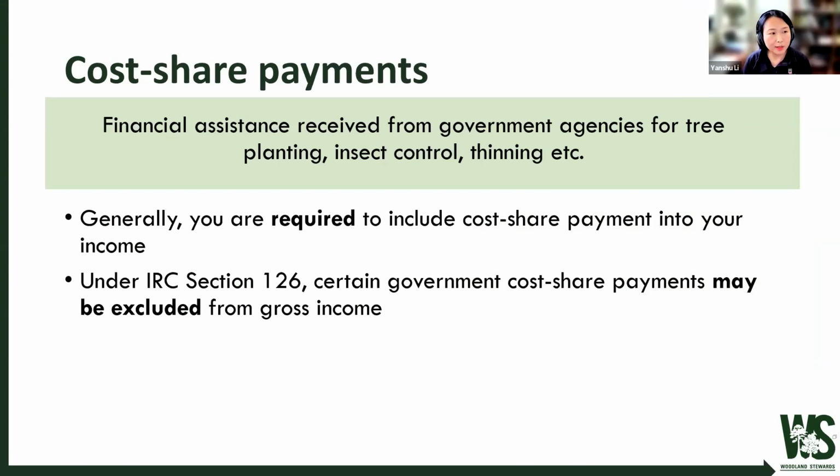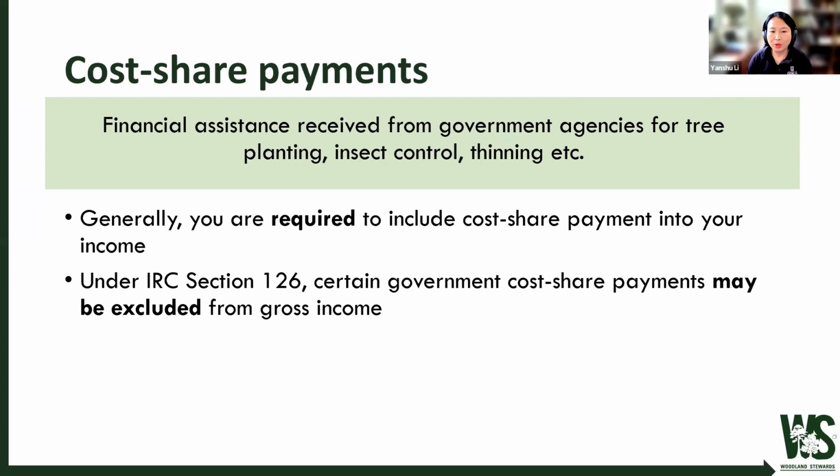And sometimes you may receive cost share payments from government agencies or some organizations. There is a special provision available for landowners for you to see if it's beneficial to exclude that payment, but that's only applicable to certain payments from certain qualified government agencies.